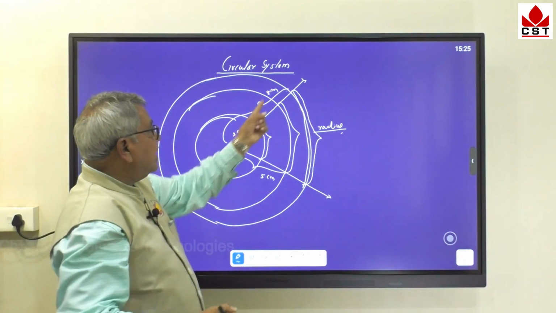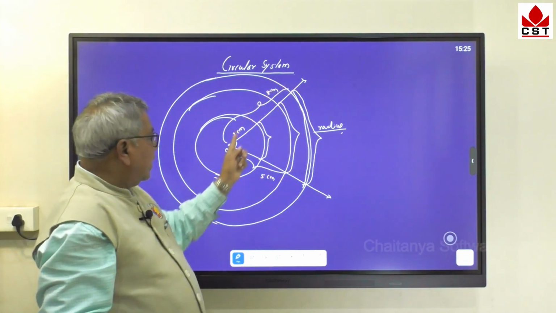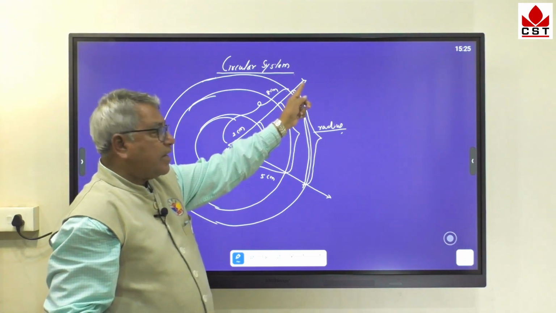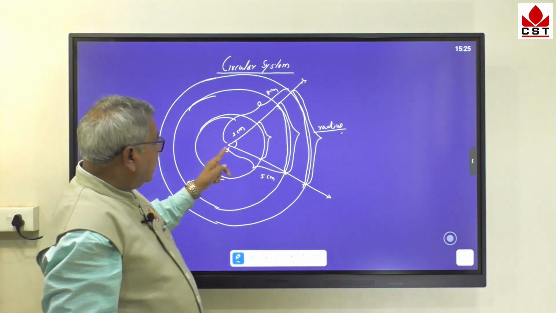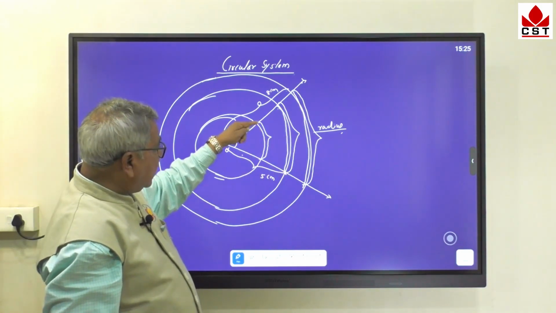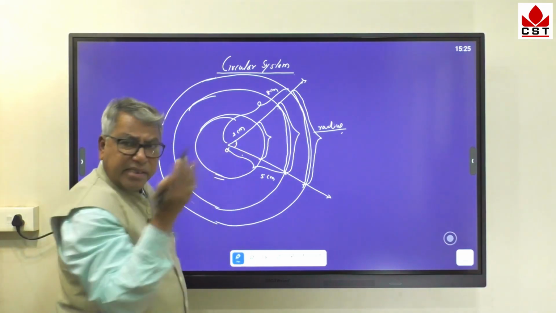If the radius is equal to 8 centimeter, then the arc length is equal to 8 centimeter. The radius is equal to 5 centimeter for the second, the arc length is also 5 centimeter. The radius is equal to 2 centimeter, then the arc length is equal to 2 centimeter.